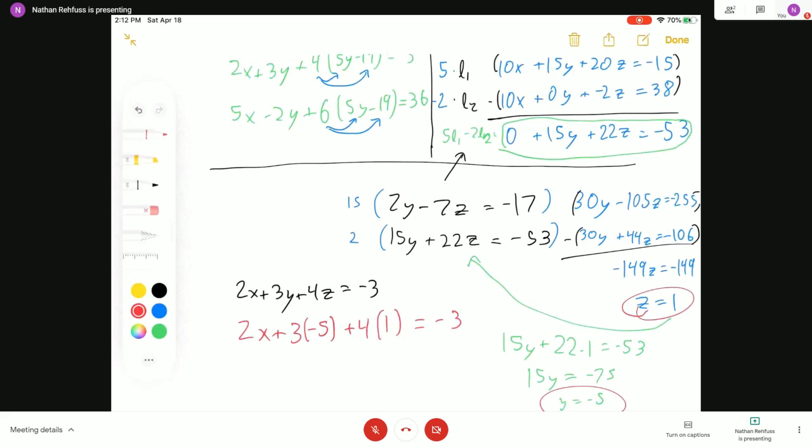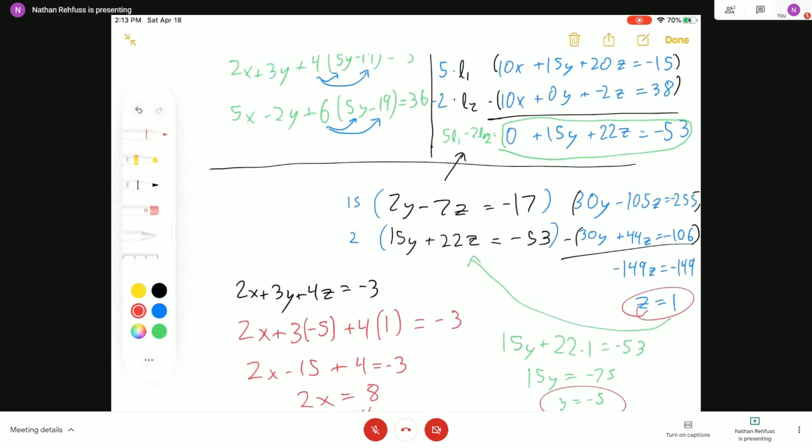Now I just need to simplify, combine like terms. I'm going to add the 11 to each side. That'll be 2x equals 8, so x equals 4.